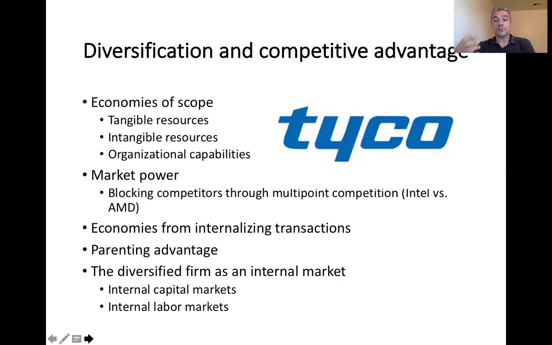You can use the profits you get from one business to develop new products in a different business. And you are actually well positioned to only fund good products because you have the ultimate knowledge of that.